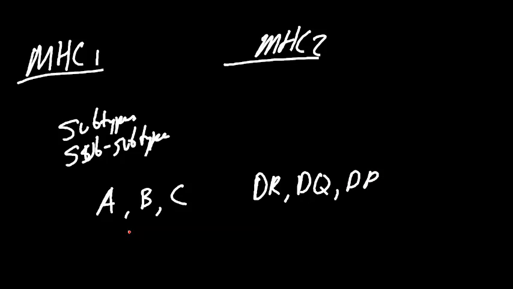So like I said, we have subtypes and we can have further subtypes. So our type would be like MHC, major histocompatibility complex. These are the HLA. HLA are just the different subtypes of the major histocompatibility complex.